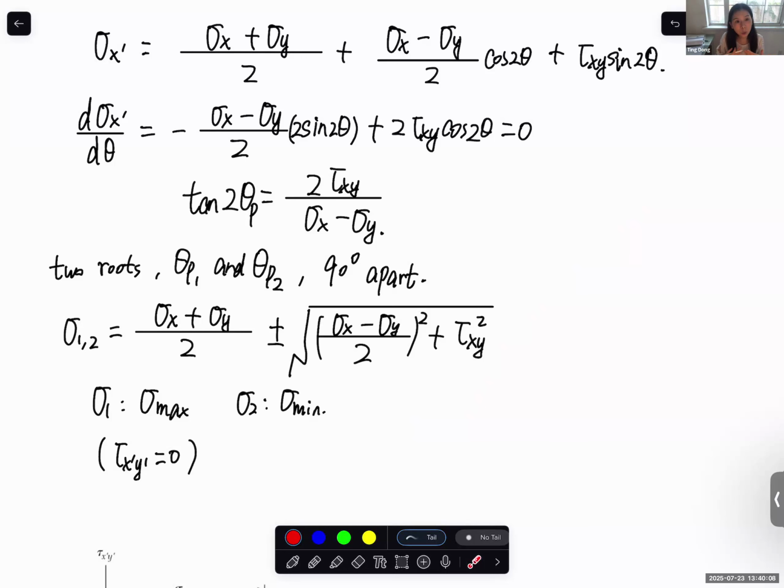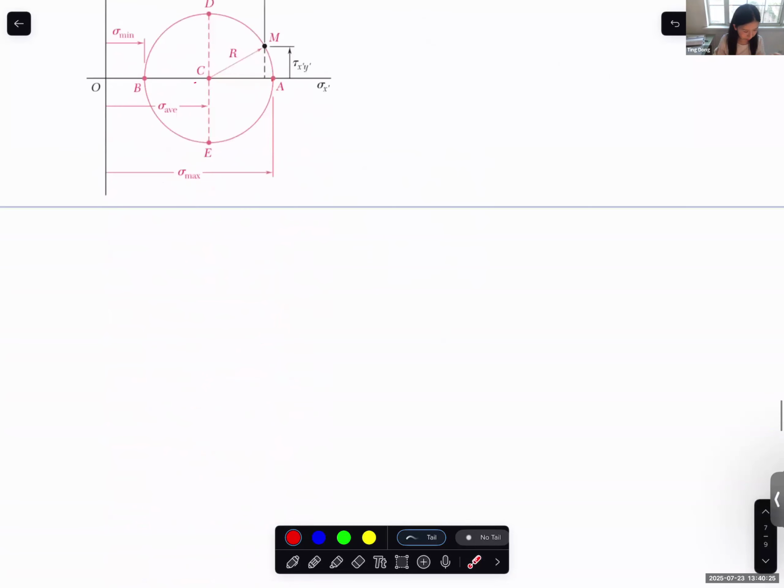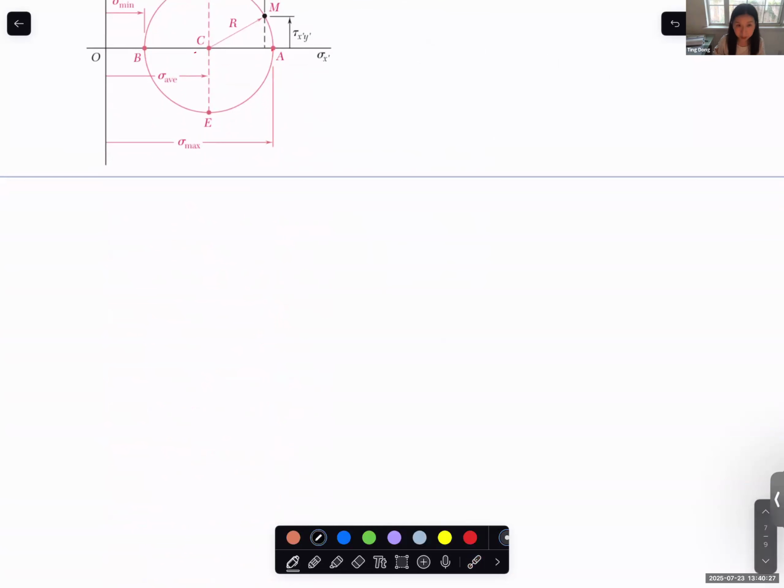Now, what if we use a ductile material? Then we need to figure out when the shear stress becomes maximum, and we know that on that plane it will fail. Again, we compare the maximum shear stress in the structure with the allowable shear stress of the material. So this derivation is just saying, we take the first derivative of tau x'y' with respect to theta, we get 0 value, we get an extreme value.